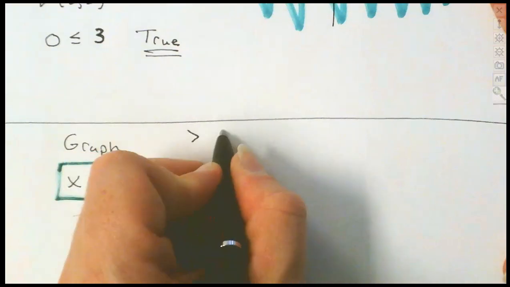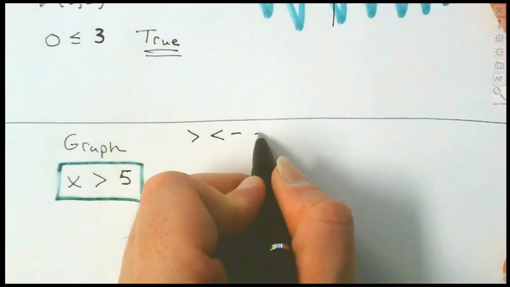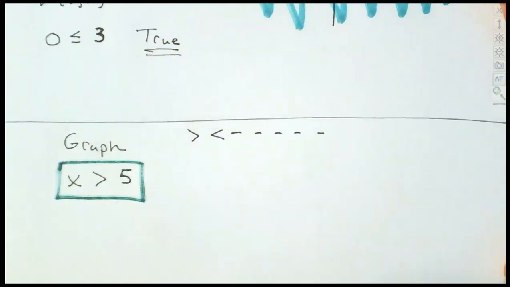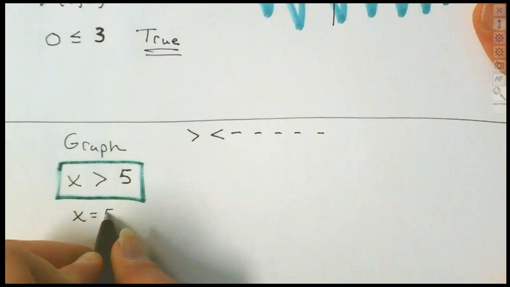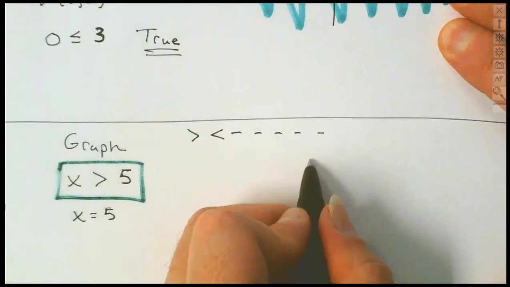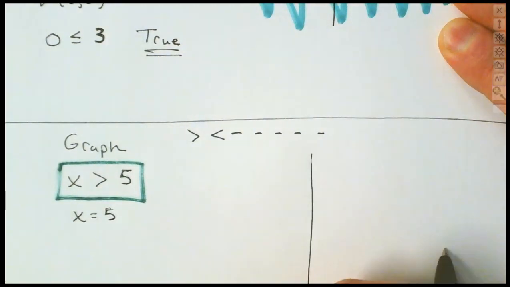Less than or greater than, those get, again, a dotted line, right? So no bar in the bottom of the inequality symbol. It means we get a dotted line. Now we replace that inequality with an equal sign. And how would we graph x equals 5?